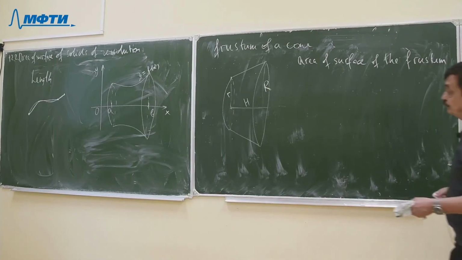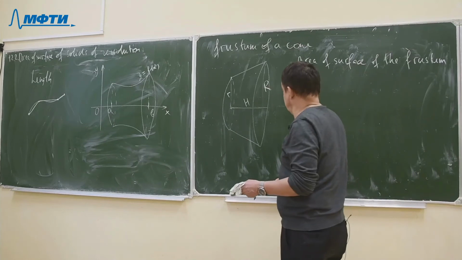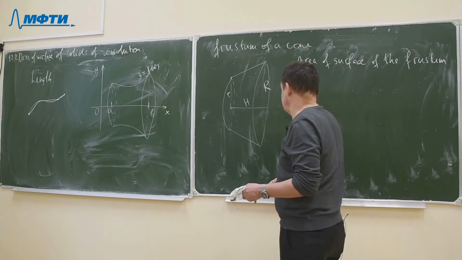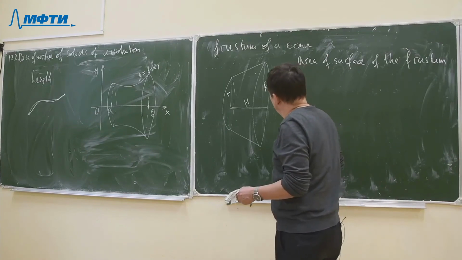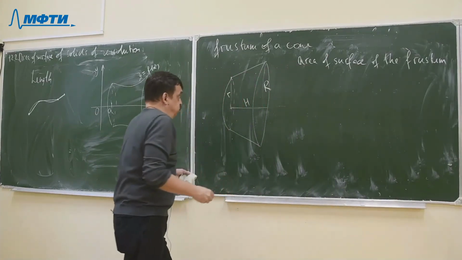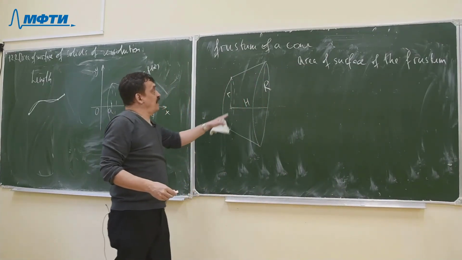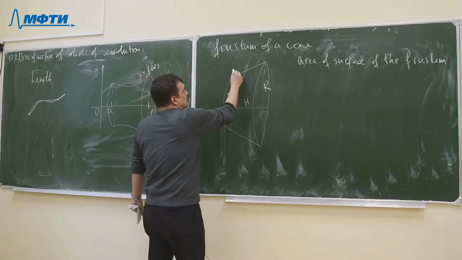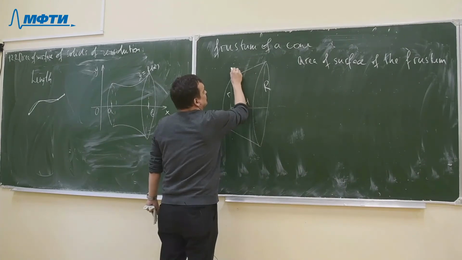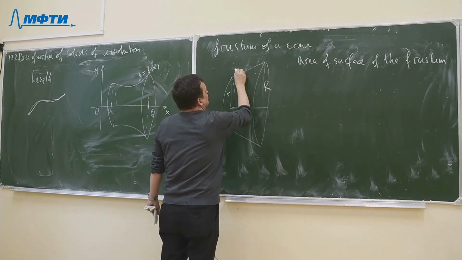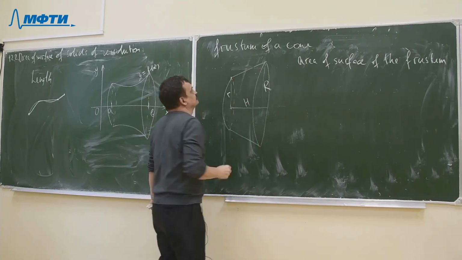So I'll refer to the area of the surface being equal to the area of the surface of the cylinder, which you draw in the middle, right?